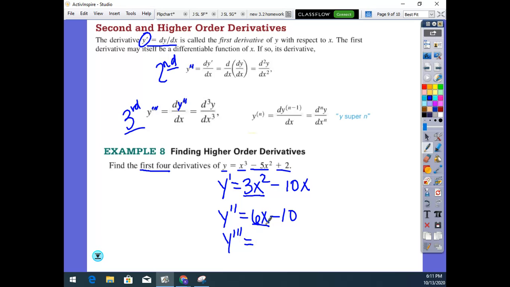The derivative of 6x is 6. The derivative of my constant is 0. I'm looking for 4, so I need 1 more. And the derivative of a constant is 0. So each time we're just taking the derivative, again, of both sides. And we won't do that last example.